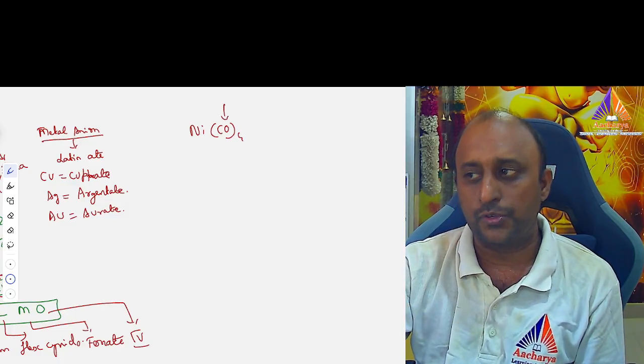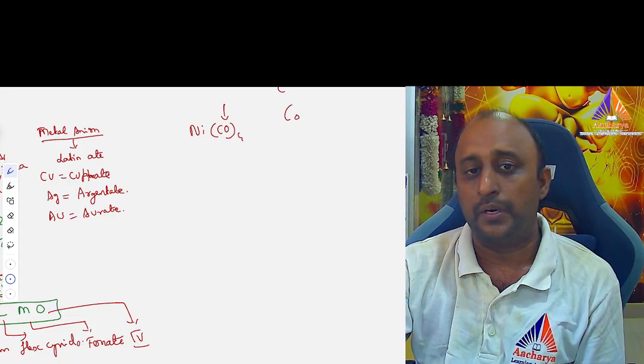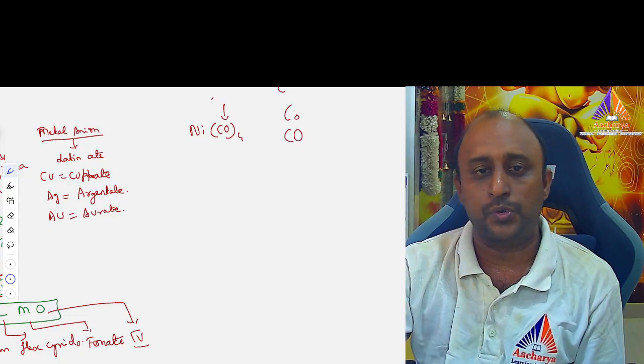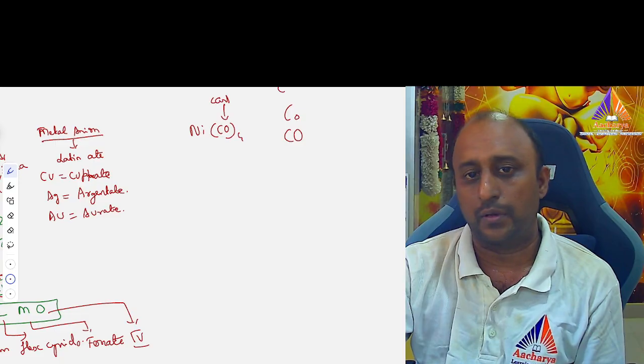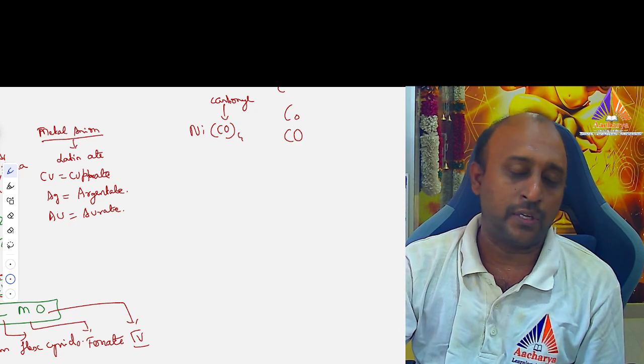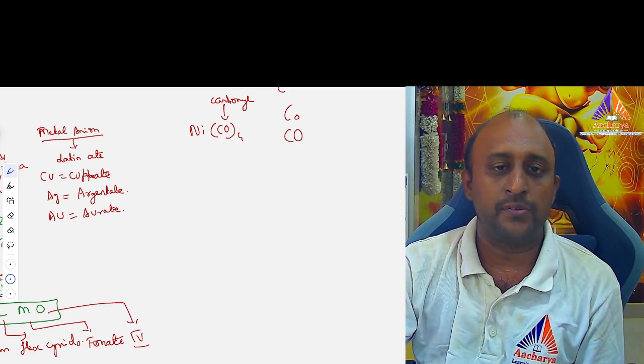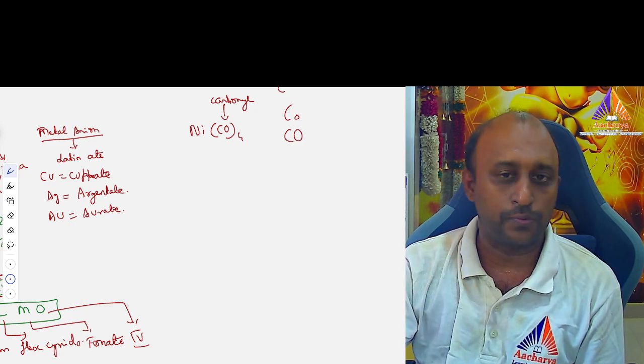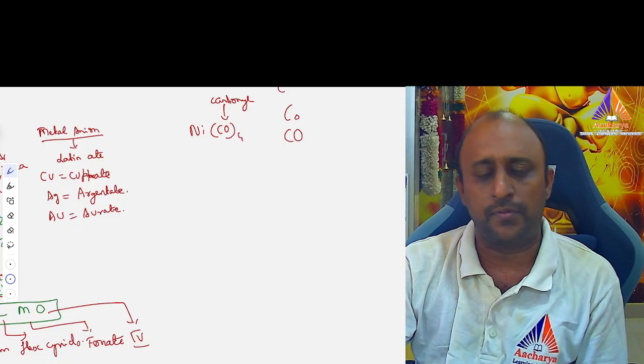Cobalt should be Co, with a capital C and a small letter o. But here it's C and O, so it says carbonyl. Many other students have doubts, like, sir, there is no bracket, what do we need to do? Is this the coordination sphere or what is it?